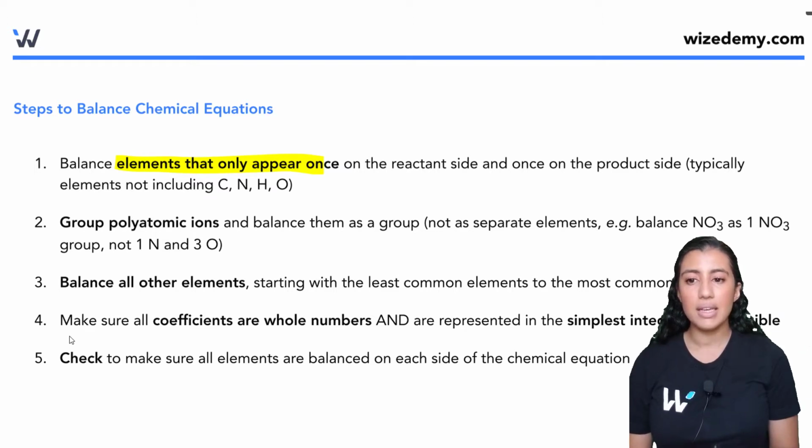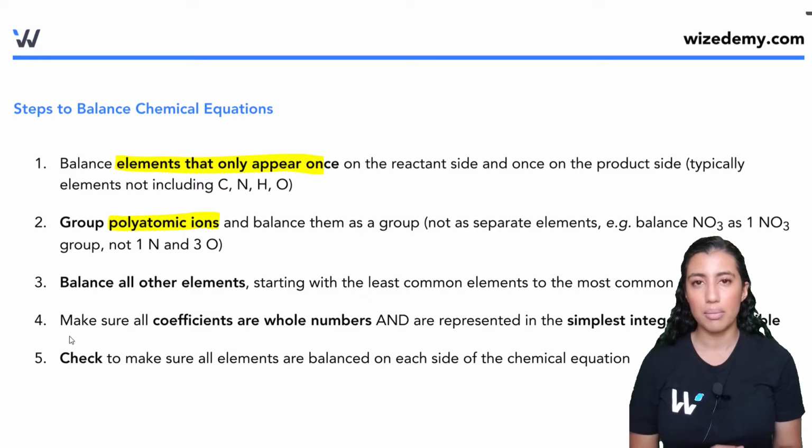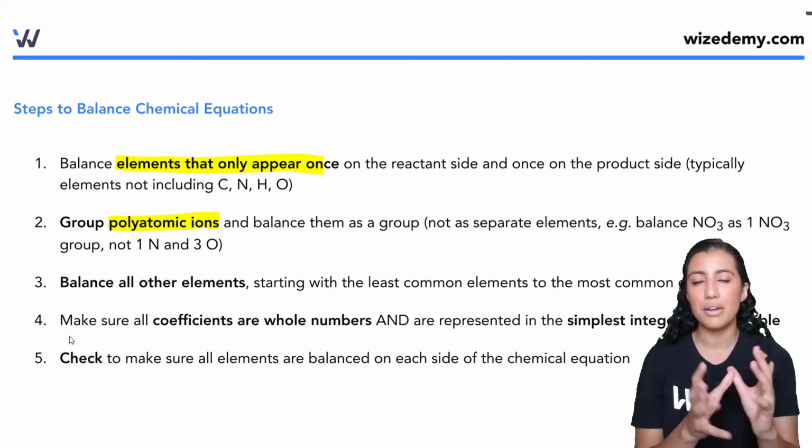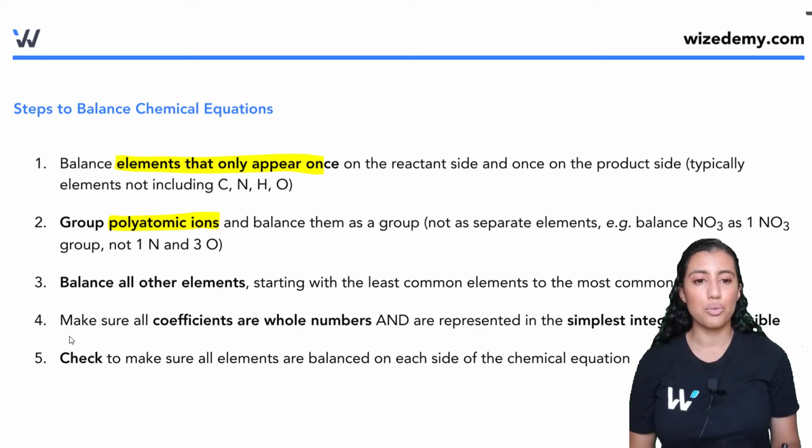Okay, the next thing is when we see a polyatomic ion. We're actually going to review this in just a couple of lessons, but polyatomic ions are pretty much certain atoms that like to be in a group together. One example is nitrate, NO3-.